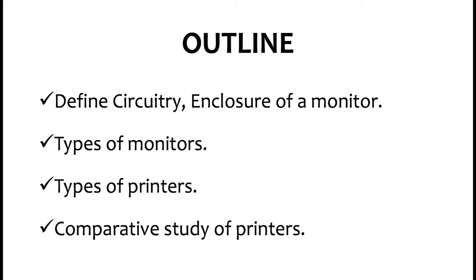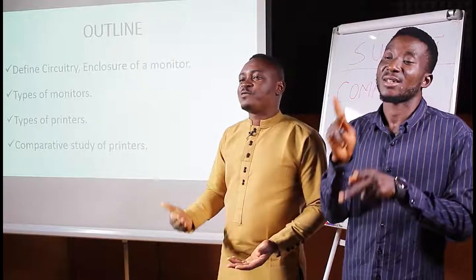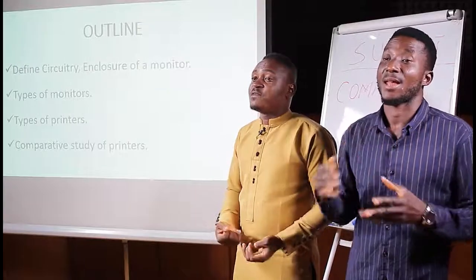We also hope to see the different types of monitors, and thirdly, the types of printers we have. And lastly, we're going to have a comparative study of different kinds of printers to see how they function and how they vary from each other.